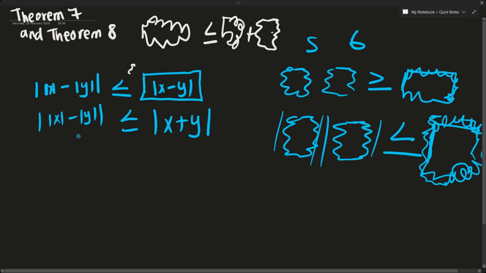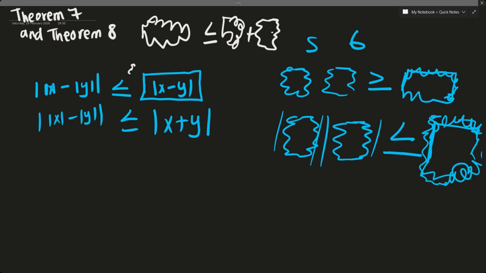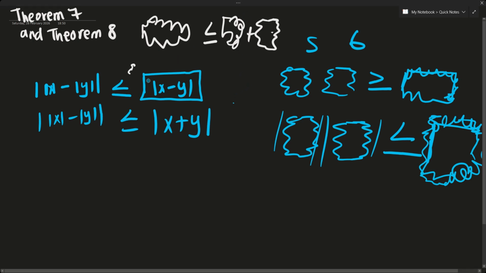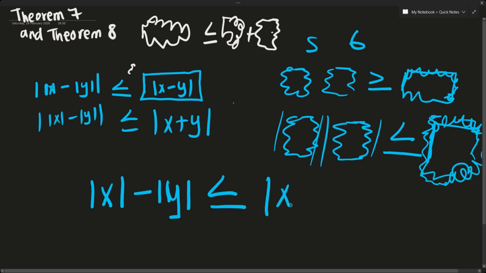So this is what's happening with theorem 7 and theorem 8. The conclusion: the absolute value of x minus the absolute value of y is less than or equal to the absolute value of x plus y.